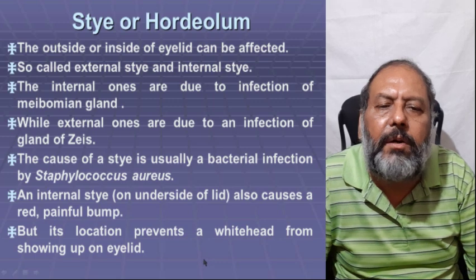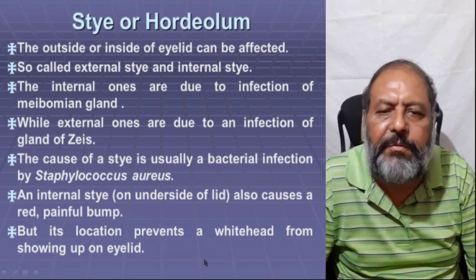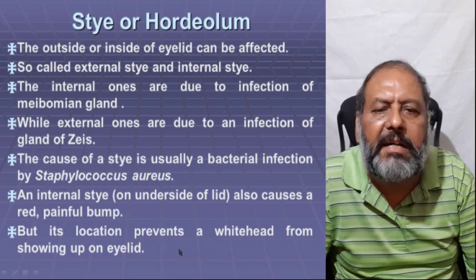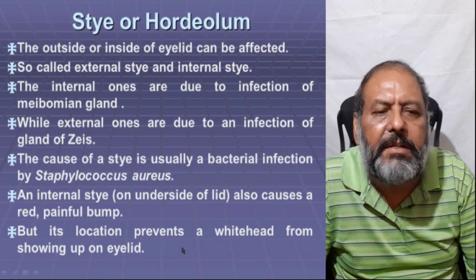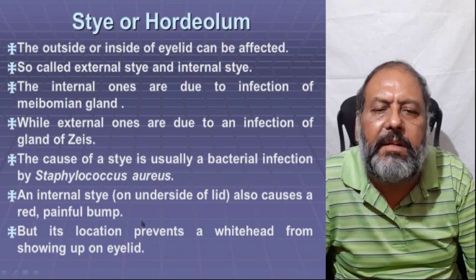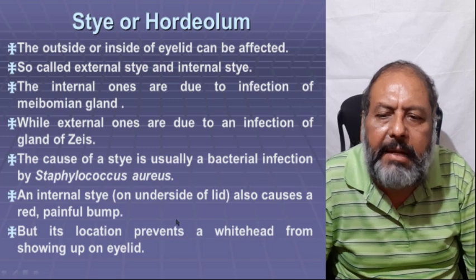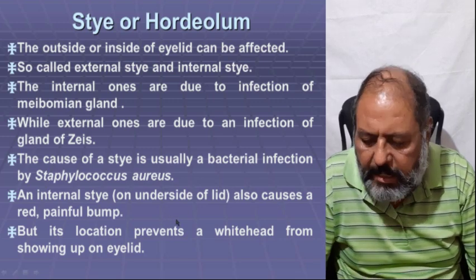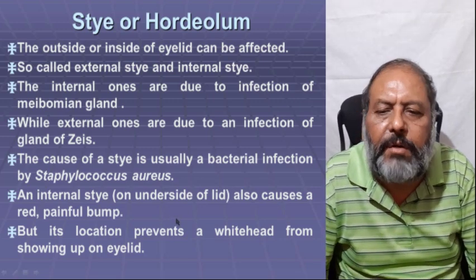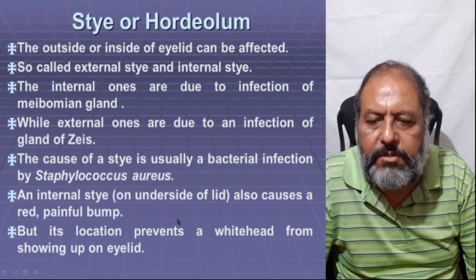The outside or inside of the eyelid can be affected, so-called external stye and internal stye. The internal ones are due to infection of the meibomian gland, while the external ones are due to an infection of the gland of Zeis.